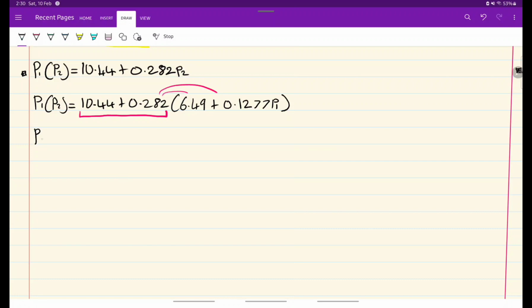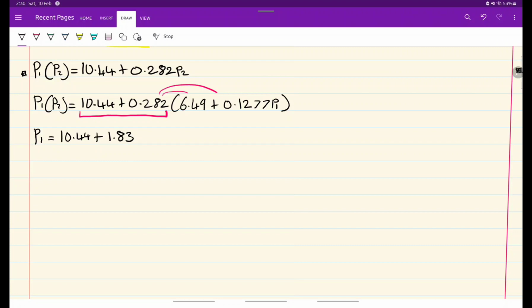And I'm going to stop writing P1 in terms of P2, even though I think that is the correct function. Plus, so 0.282 plus 1.83.